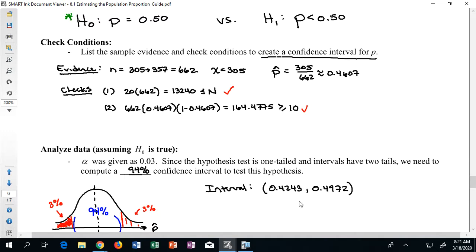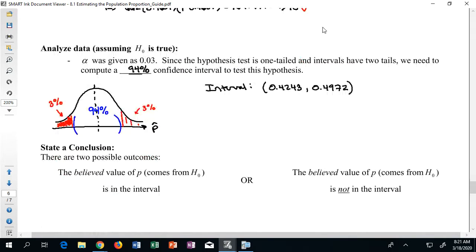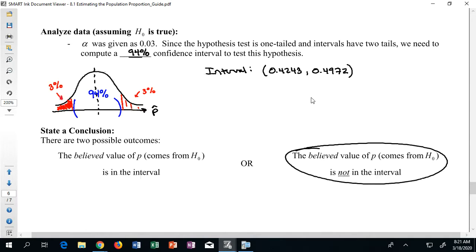I'm really confident that the real value of P is apparently not 50%. It looks like I'm becoming more confident that it's probably lower. So I always have these two possible outcomes: the believed value of P, which comes from H0, is in the interval, or the believed value of P that comes from H0 is not in the interval. And right now, we're seeing this because 0.5 is not inside of this interval.